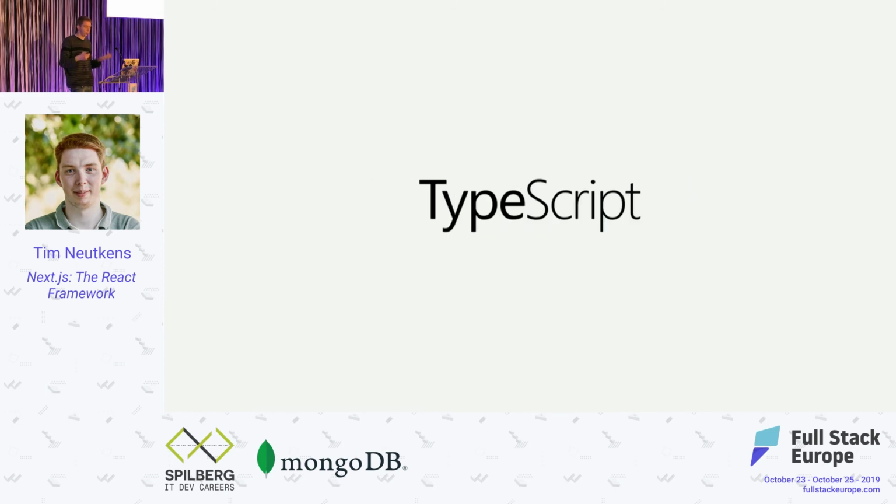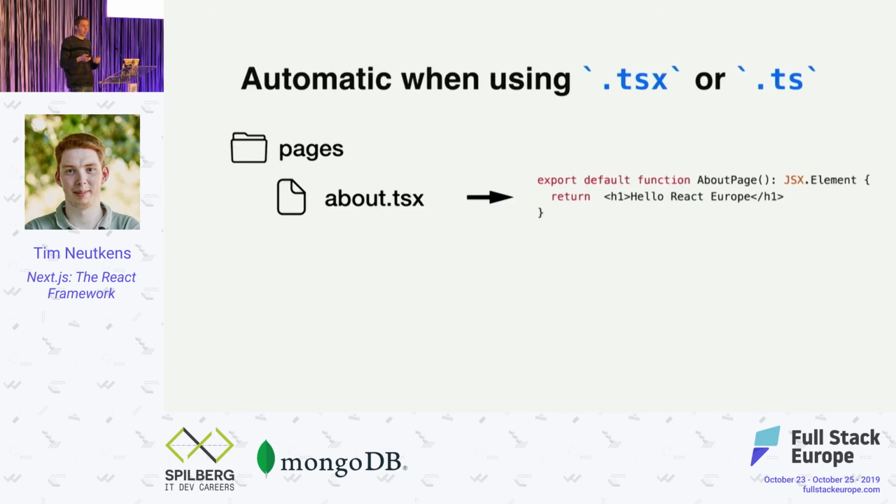TypeScript is a subset of JavaScript that allows for static type checking. And with Next, it's actually automatic by just adding in .tsx or .ts. So you don't have to set up anything else to get started with using TypeScript in the Next app. And you can gradually adopt it.